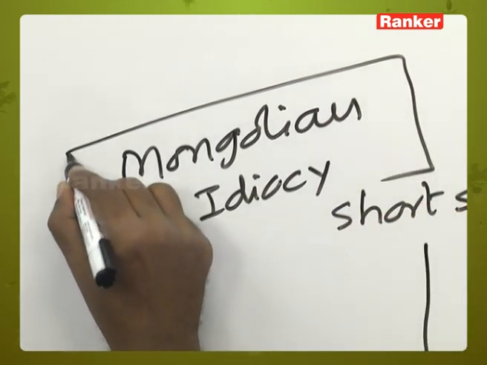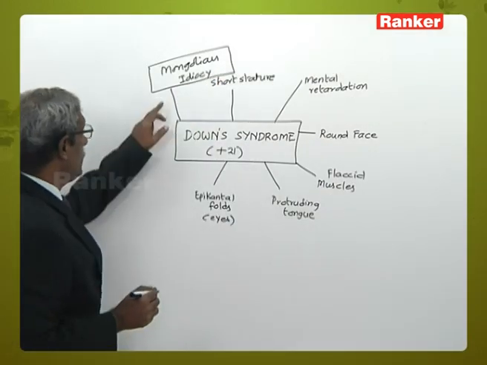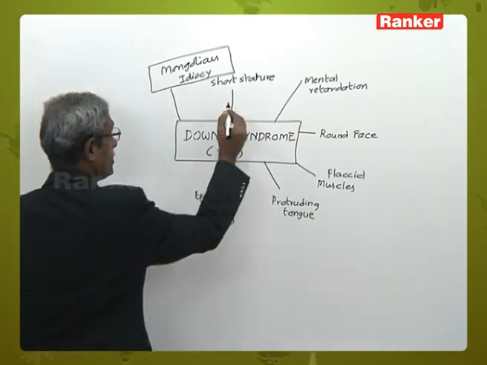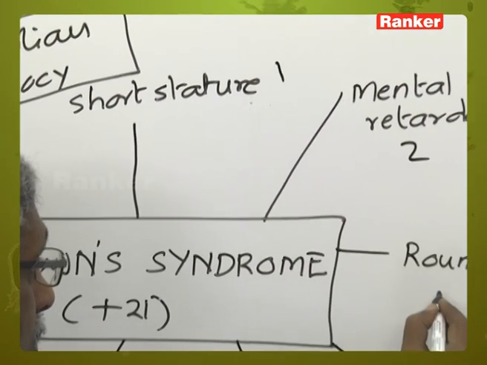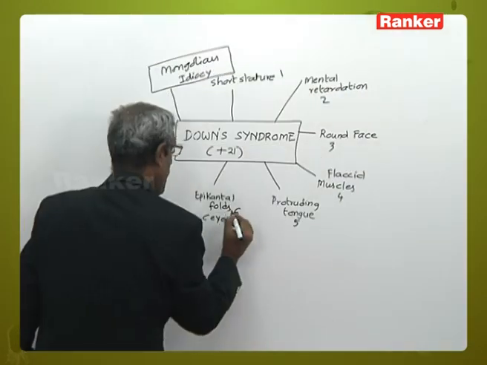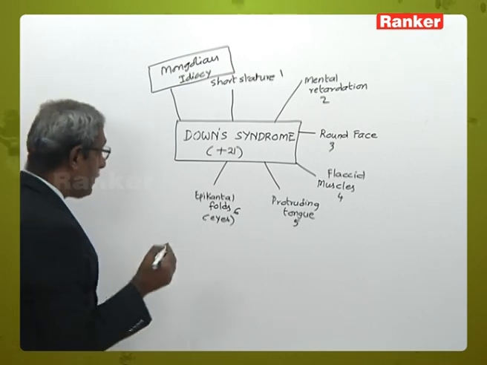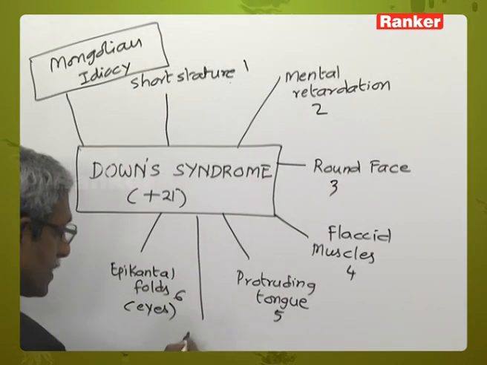This is a popular bit which normally comes in a medical entrance. So, the Mongolian idiocy shows short stature, mental retardation, round face, flaccid muscles, protruding tongue, and epicanthal folds on the eyes. The lifespan of the individual is 8 to 10 years.